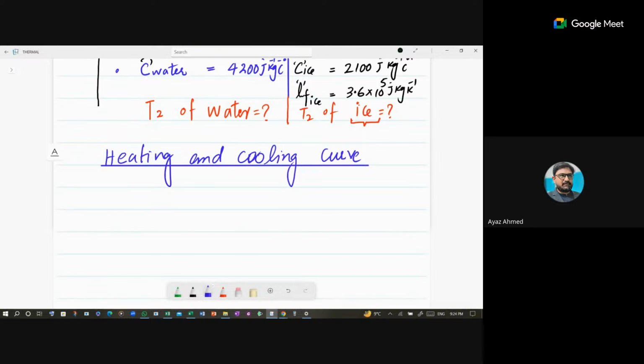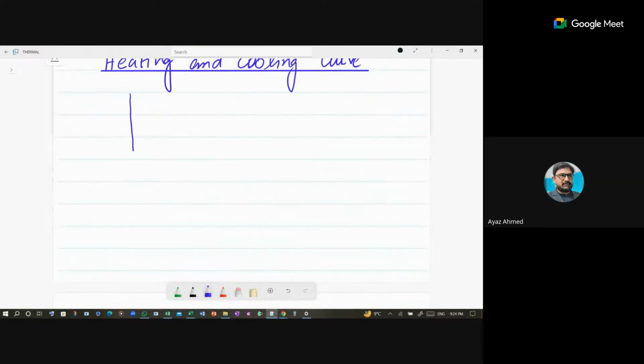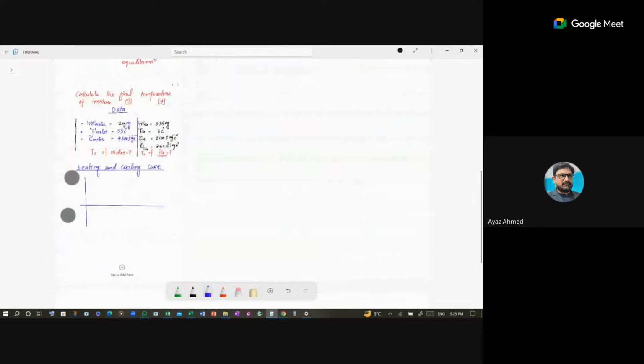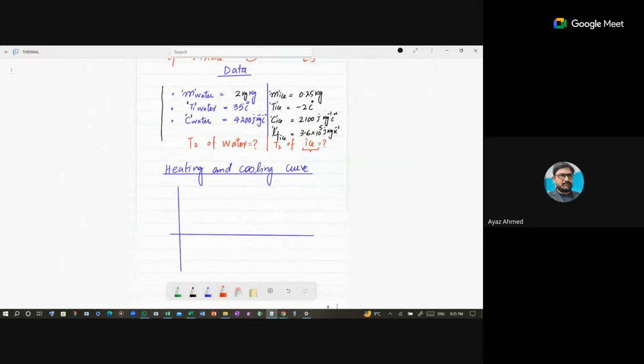Actually, heating curve and cooling curve means I have to show it a little. Scroll up a bit, I have to write it. Okay, is it fine?